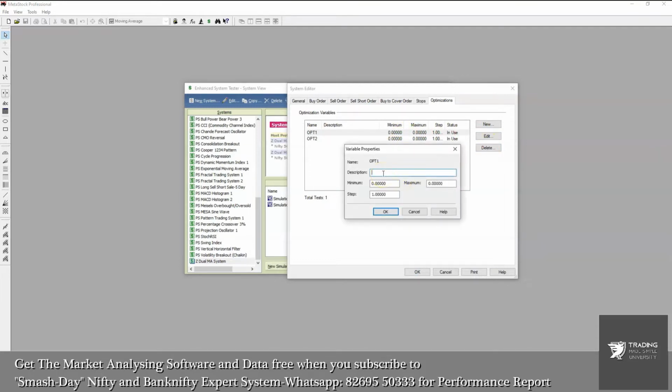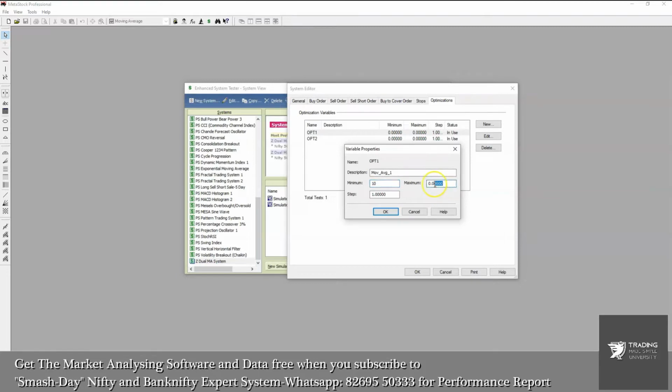We have to give it a name here, suppose moving average 1, and we have to give it a range because it cannot test indefinitely. So our minimum value will be, say, 10-day moving average.